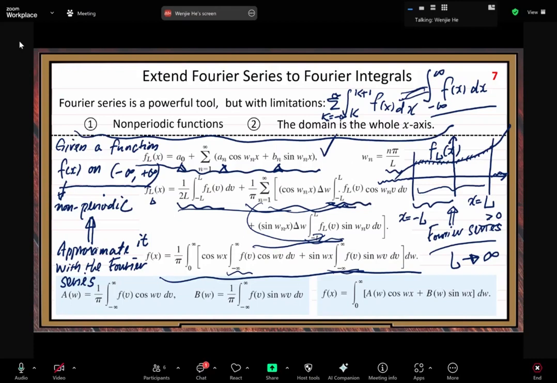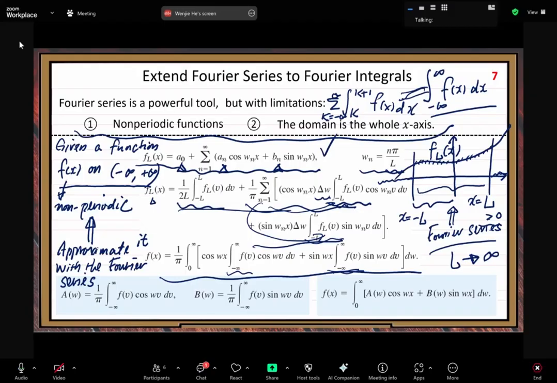And here is the notation. Although we use Wn equals n pi over L, here you see this delta W. That's the new notation.